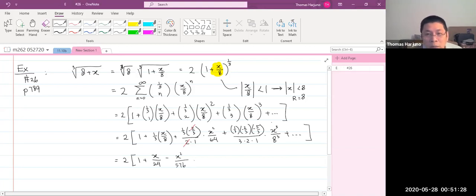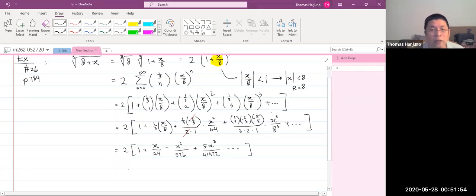This is then plus 5 on the top, 3 to the 4th times 8 cubed. That's 41,472. Okay, so that's the expansion.